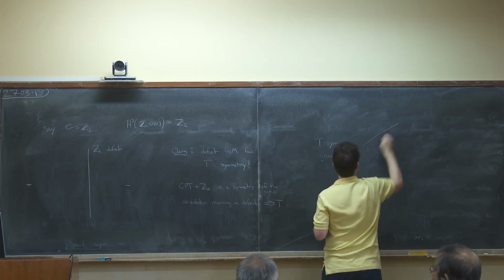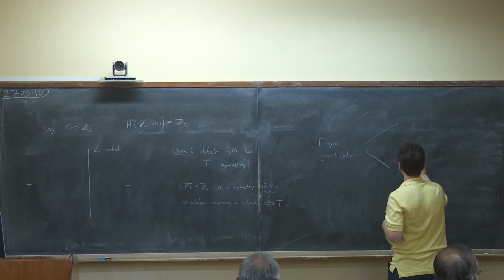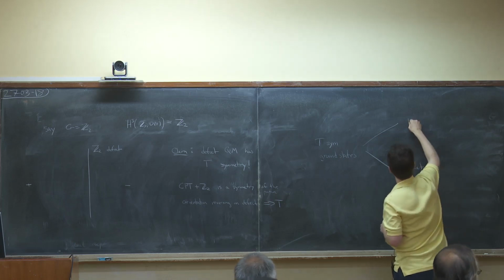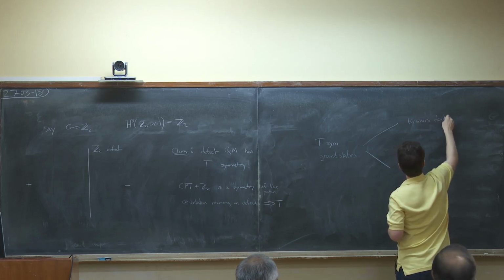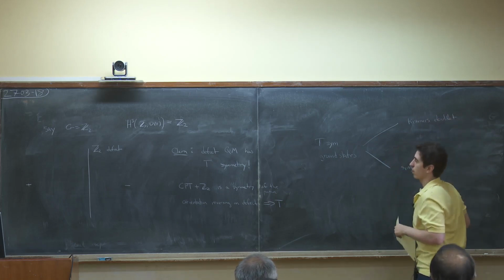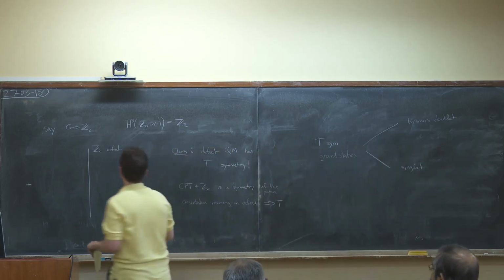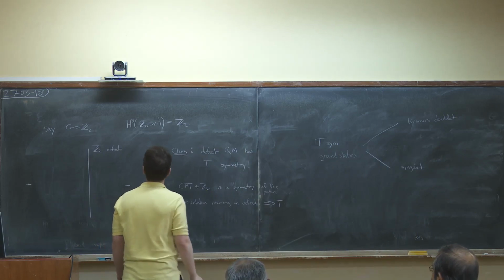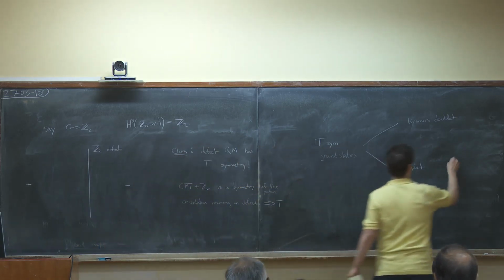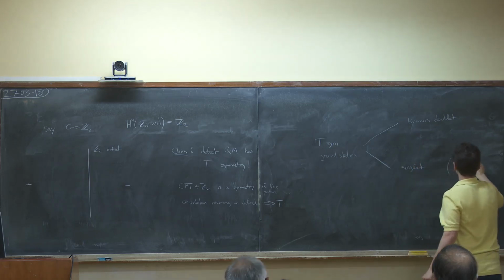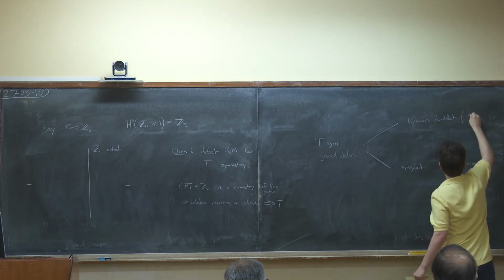These can be one of two things: they can either be a singlet under T, or they can be a Kramers doublet. The meaning of this anomaly, and again, there's some math to chase through to check this, is that when the anomaly is off, you're in this case. When it's on, you're in this case.